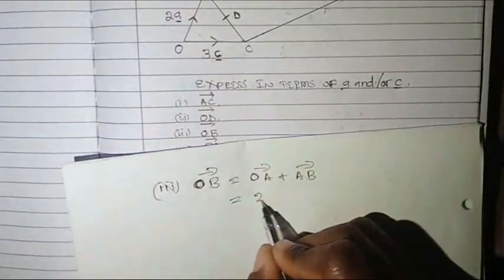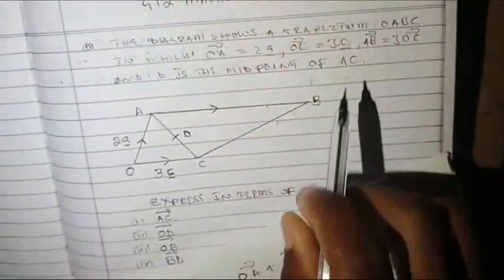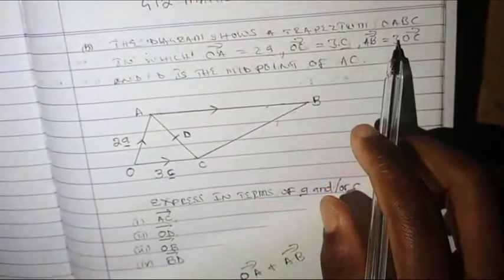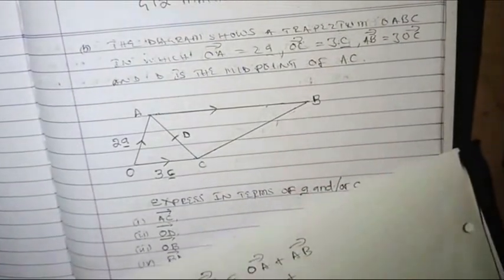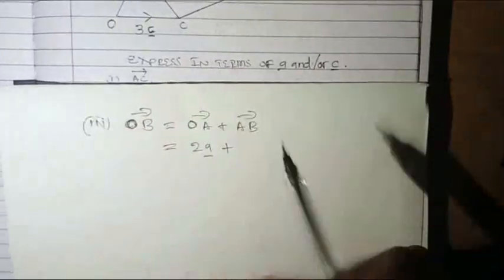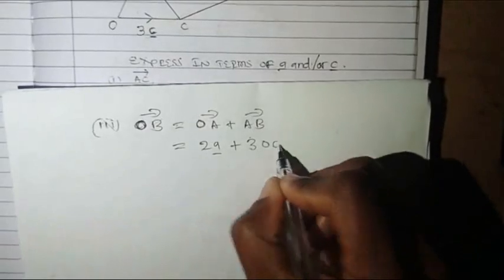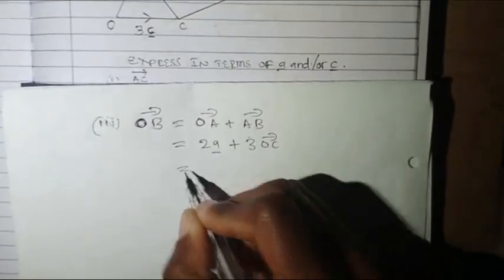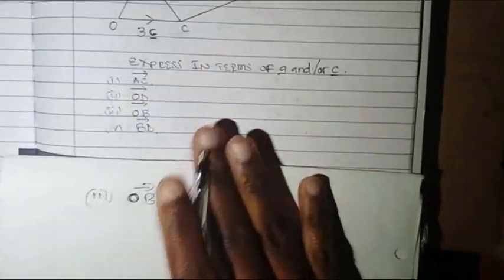What is OA? OA is equal to 2a, plus AB. Remember in the problem statement they said that AB is 3 times OC. So it's going to be 3 times OC. What is OC?